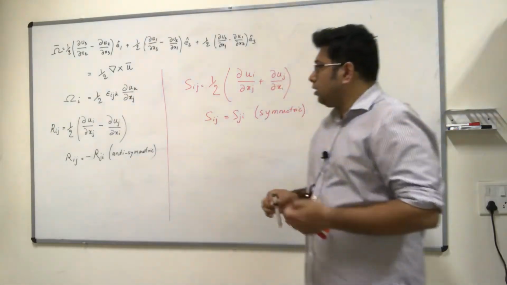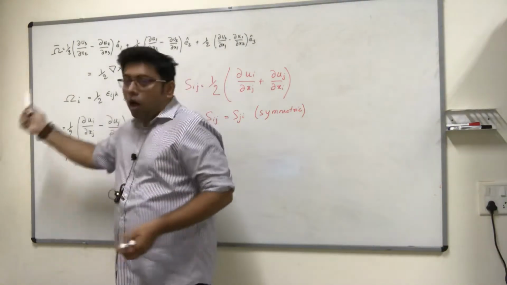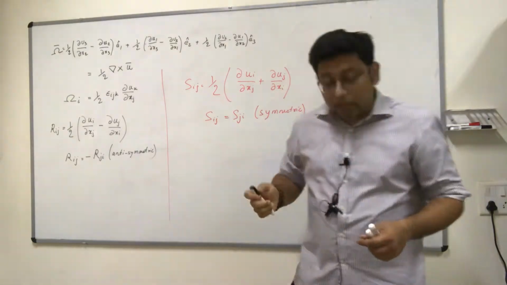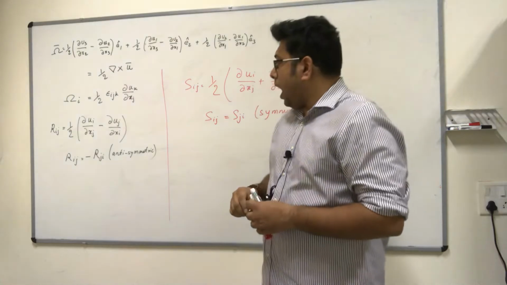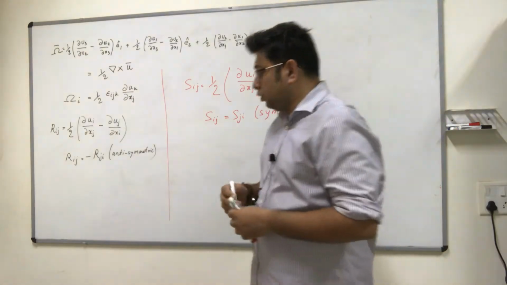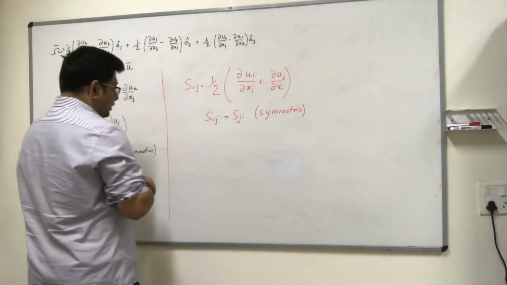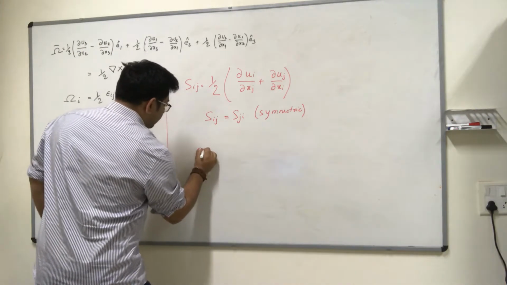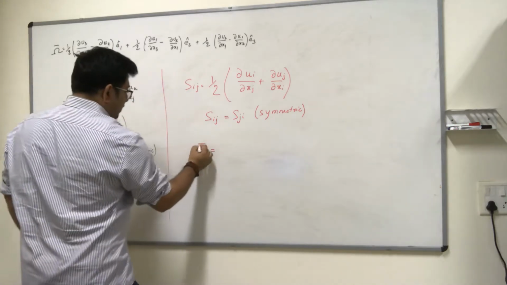In any case, all this effort is being done because we are after a certain tensor, which is the strain rate tensor. Here what we usually do is we combine Sij and define a rate tensor.